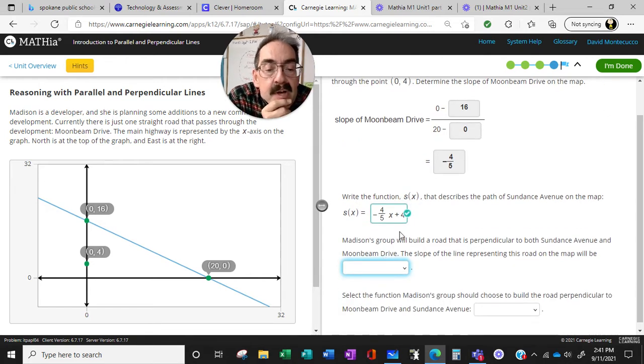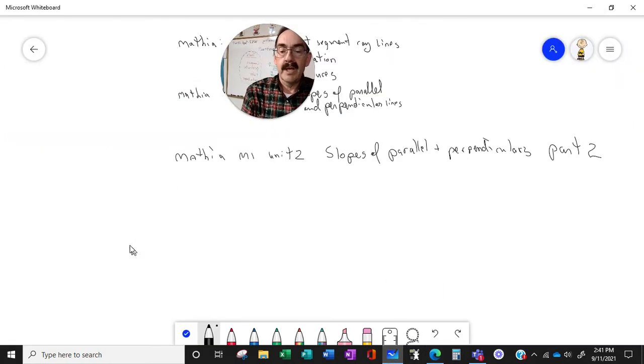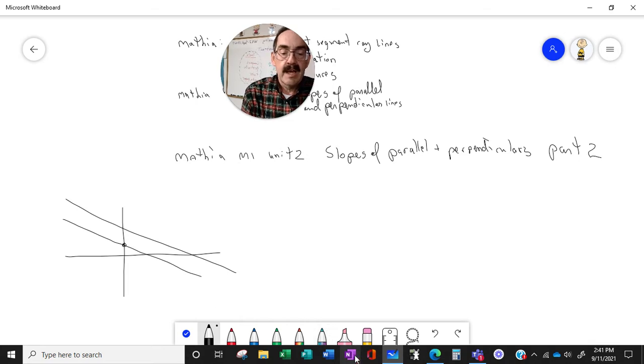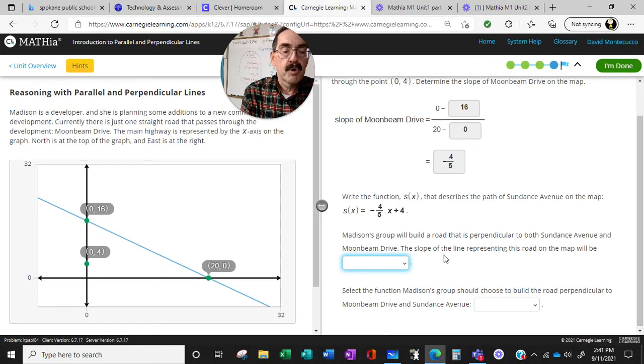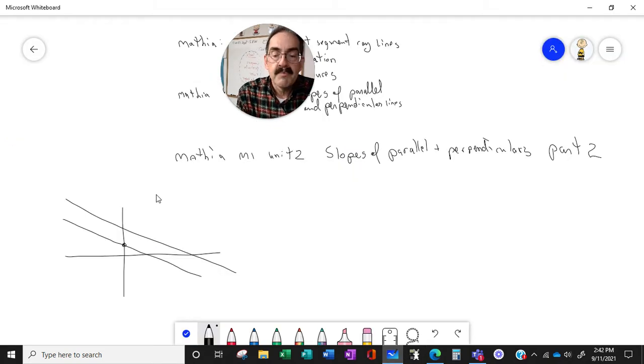My bad. Madison's group will build a road that's perpendicular to both Sundance and Moonbeam. So perpendicular. Okay, so what do we have here? We've got this graph, and we've got Moonbeam, and then we're going to have Sundance. Now we want perpendicular. The slope will be the opposite reciprocal.